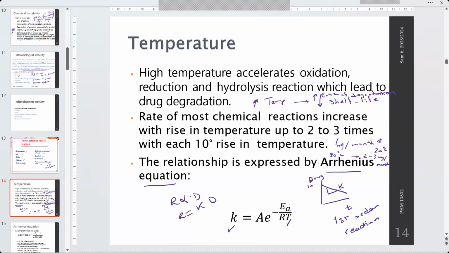Okay? So if you study two drugs, and one drug has a curve like this, A, and one drug has curve B, which one has a faster rate of reaction? I draw it clearly here, like this, you have drug B, and you have drug A. Which drug has a faster degradation, A or B? Can you answer me?